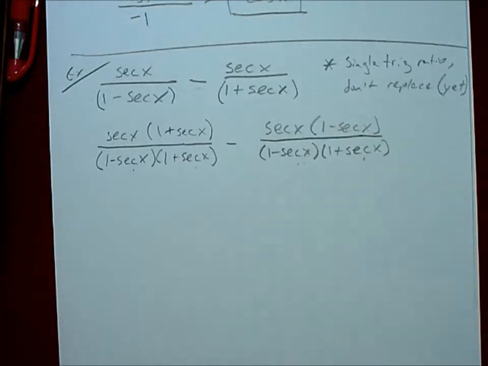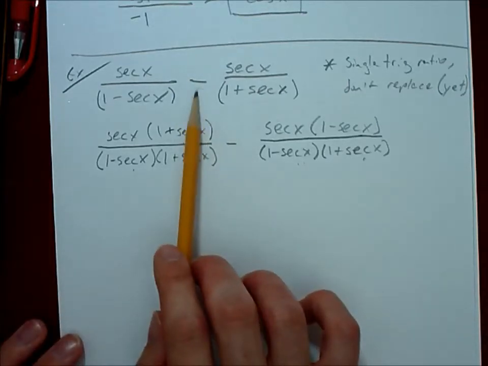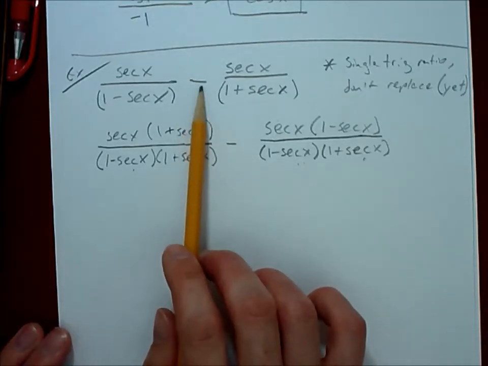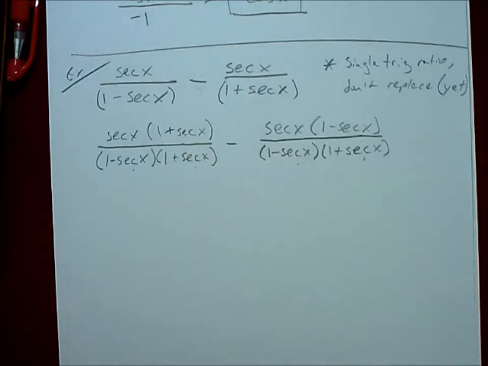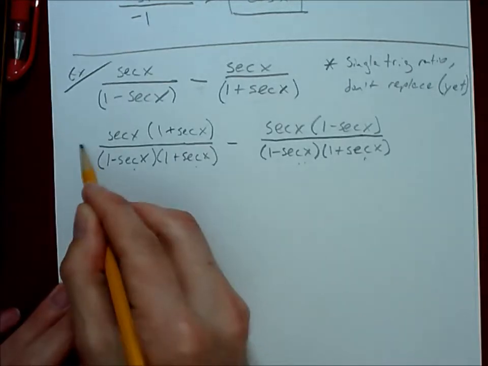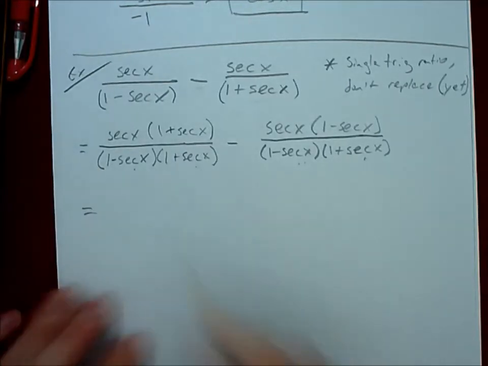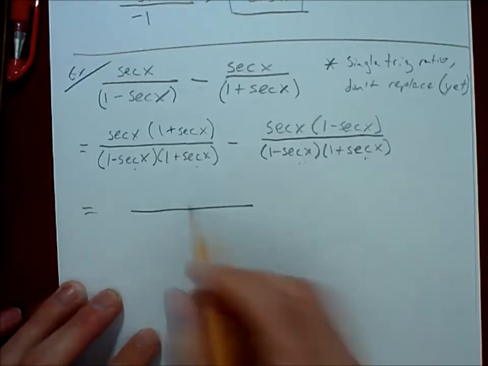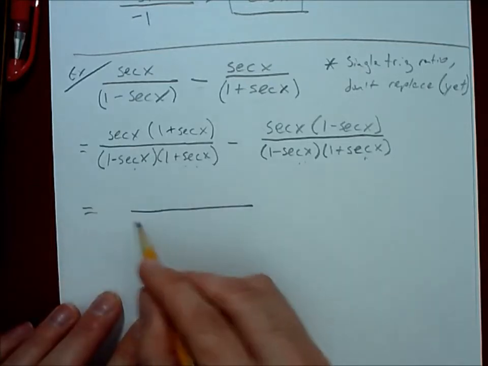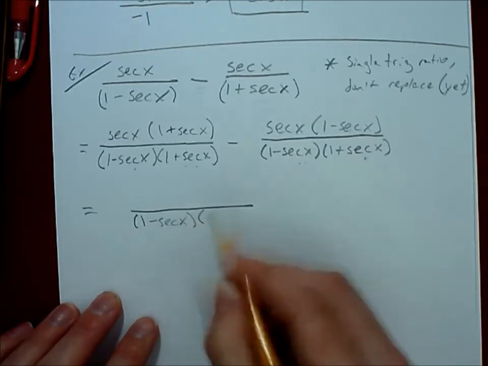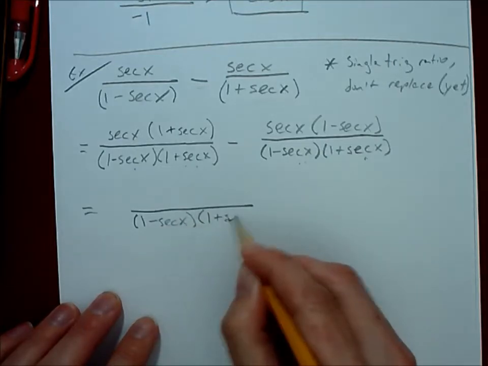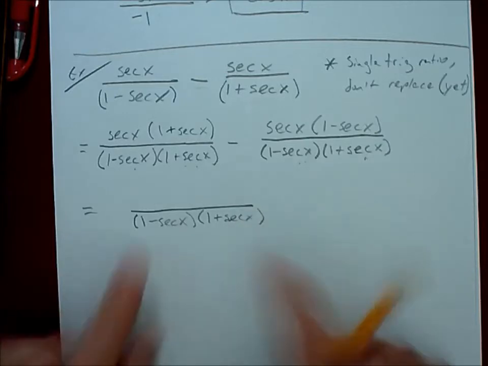Okay, so far, essentially all we're doing is what the problem tells us to do. It says subtract, so we know we have to give them a common denominator, so we've done that. And now we're going to combine those two fractions together. And when we do, we're going to get this common denominator as our denominator, the one I said looks ugly, but is going to work out really nicely.